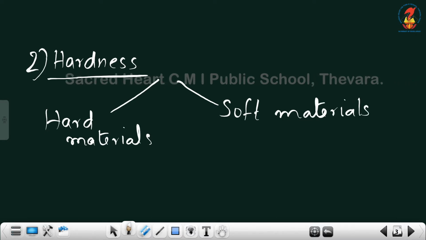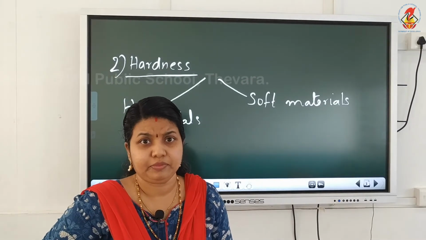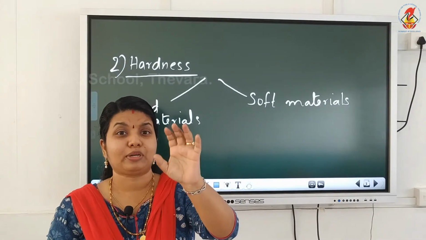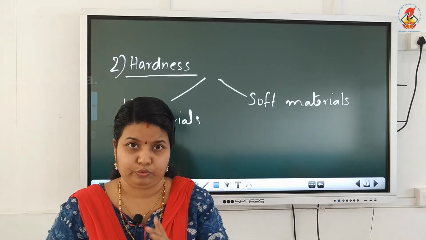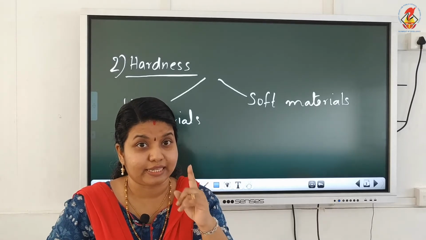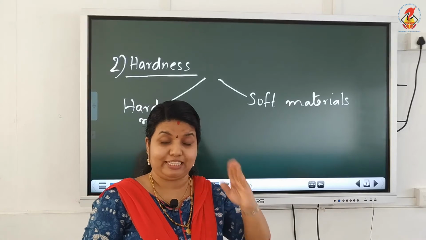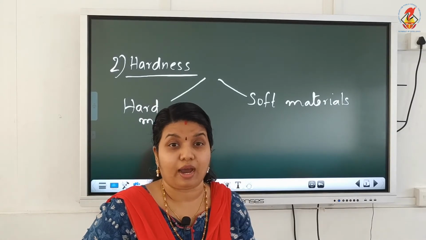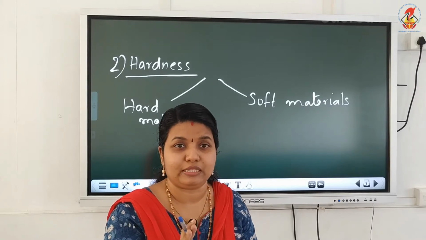How do you find out whether a material is hard or not? For example, you take a piece of wood, apply force or pressure on it, try to compress it. Will it change its shape? No, there is no change in its shape. So, we can say that materials like wood are hard because upon compression there is no change in shape.